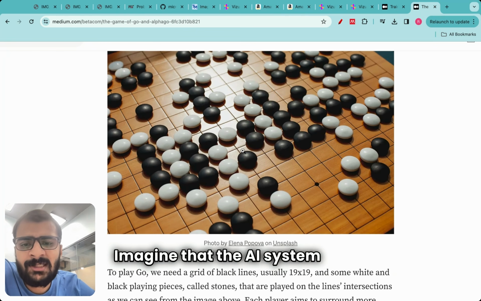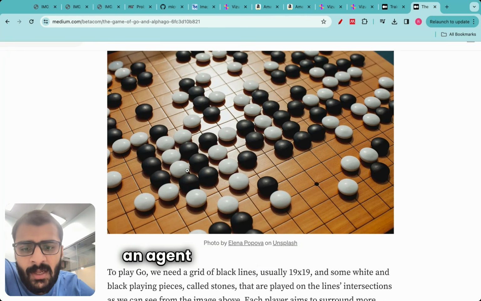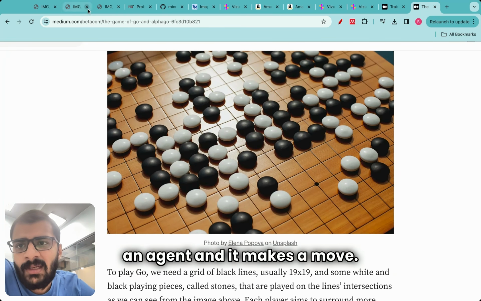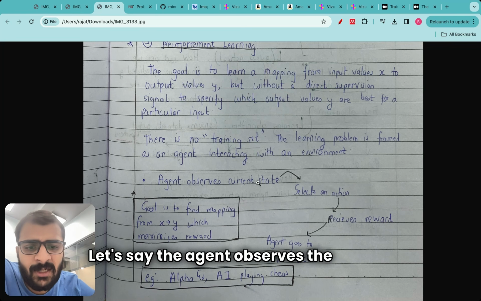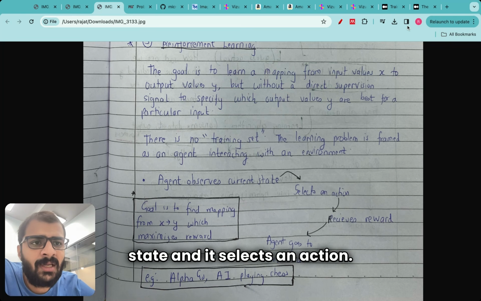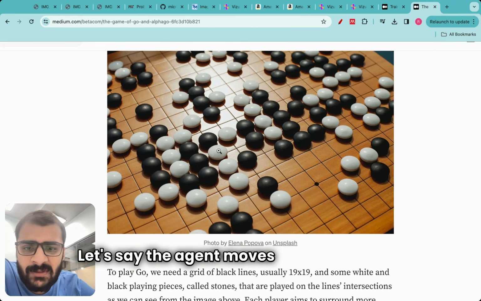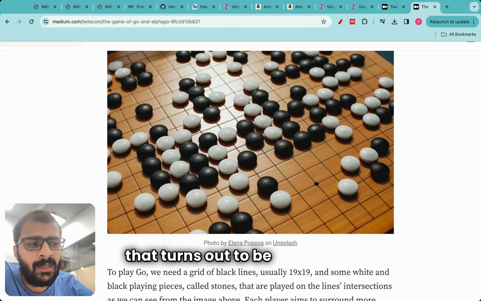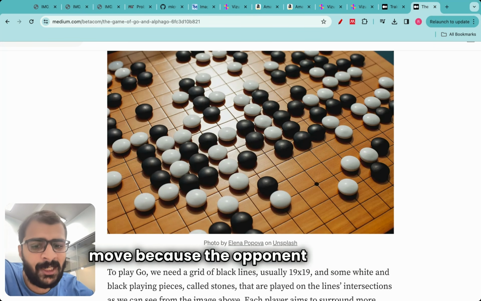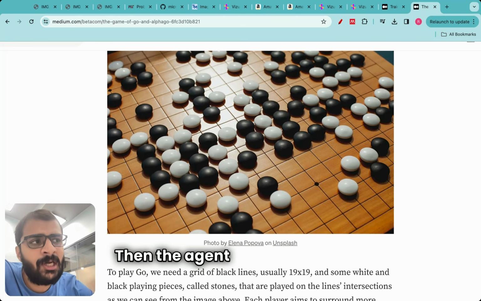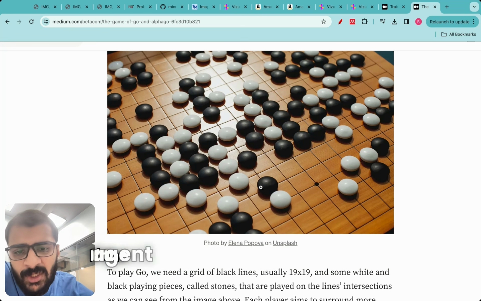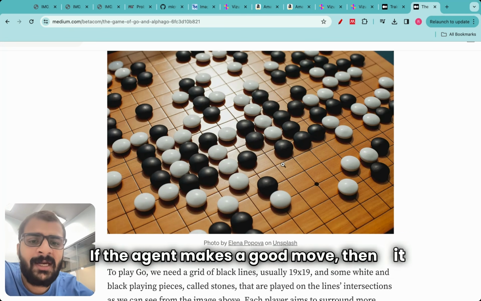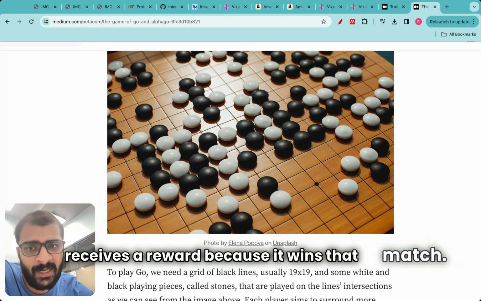Imagine that the AI system is like an agent and it makes some move. Let's say the agent observes the current state and it selects an action. Let's say the agent moves some piece, and that turns out to be a very bad move because the opponent is winning. Then the agent learns on its own. If the agent makes a good move, then it receives a reward because it wins that match.